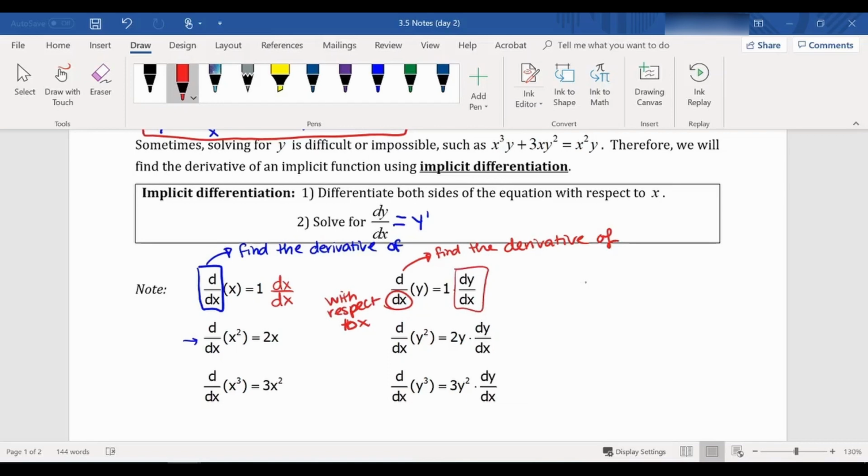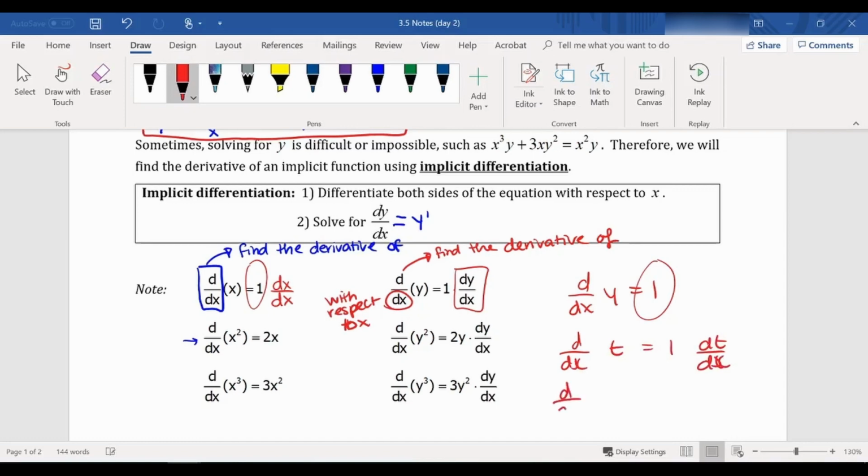The reason I can't just say this is because if all I knew was that it equaled 1, I wouldn't know what my original function was. I wouldn't know, was my original function x, y, w, t, m? We don't know. So if I did d/dx of t, this is going to be 1 dt/dx.